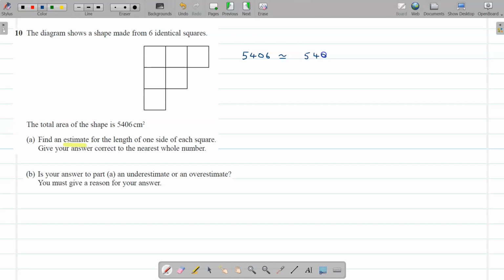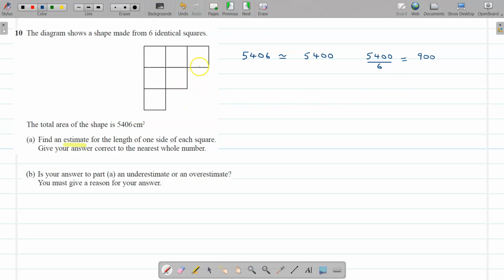And the reason I'm rounding it down to that is because I can see that 54 is on the 6 times table. So 5400 over 6 is exactly 900. Okay, that equals 900, and the square root of 900 will give me the length of the sides.